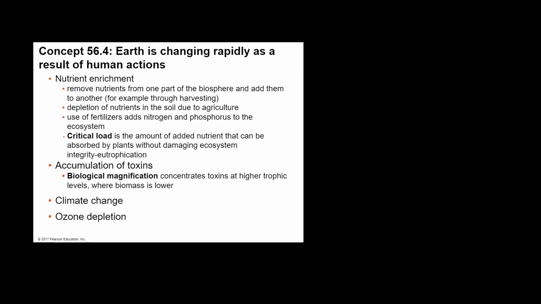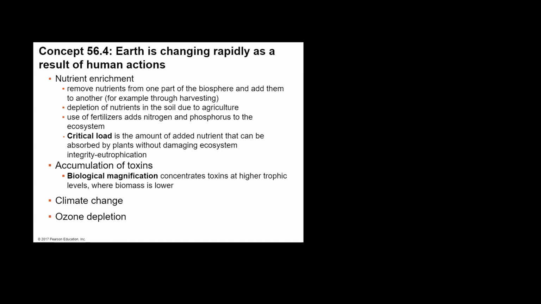So an example of that would be how much nitrogen can you add to a particular ecosystem before you get so much runoff that it ends up in a local body of water, causing an algal bloom that then in turn causes the death of that aquatic ecosystem through the eutrophication of that system. So that critical load is that amount, the actual physical amount of the nitrogen and phosphorus that could be applied to a field, for example.